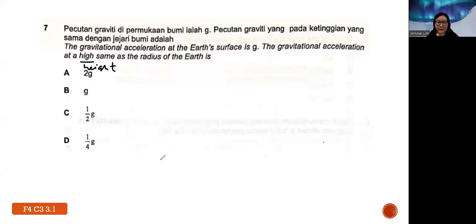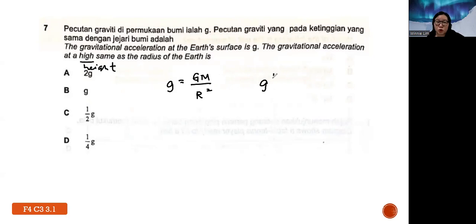To get the relationship, you need to know the formula for gravitational acceleration. You're supposed to know the general formula for gravitational acceleration is equal to GM over r squared. G is the gravitational constant, M is the mass of Earth, and r is the radius of Earth. So now what will happen to this value of g? When your r changes, they want the new g.